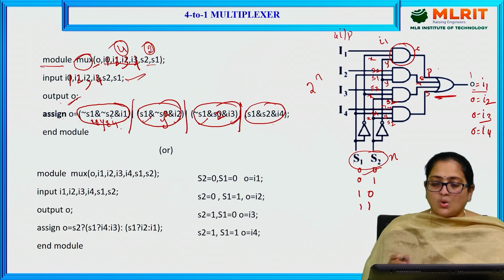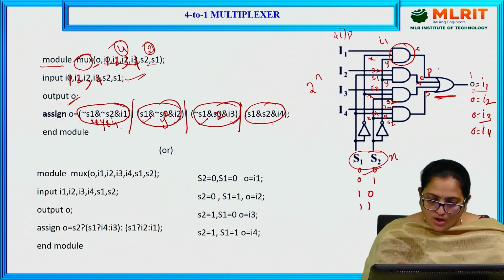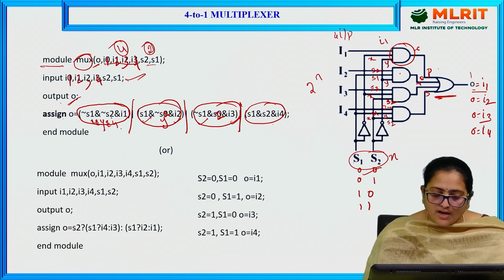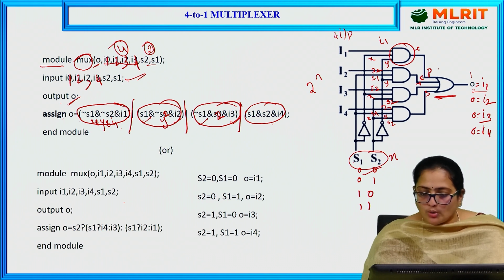So assign O is equal to the complement of S1 and the complement of S2 and I1, OR with the second AND gate, whose inputs are S1, the complement of S2 and I2, OR with the third AND gate, with the inputs complement of S1, S2 and I3, and all these are ORed with the last AND gate, whose inputs are S1, S2 and I4.